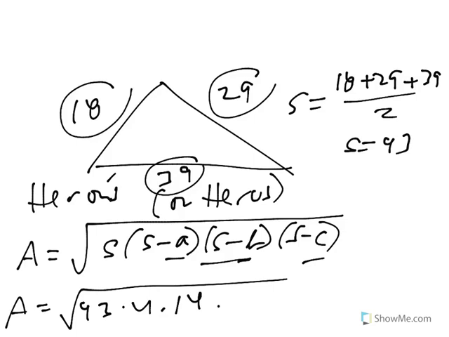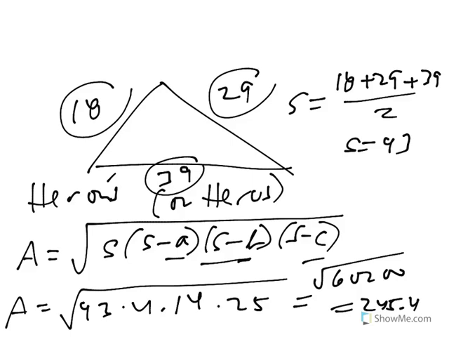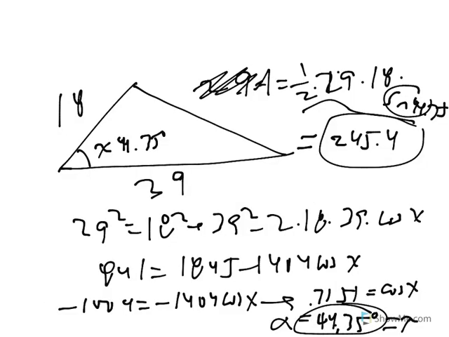And 43 minus 18 is 25. You can multiply that first if you want, 60,200. And the square root of that is 245.4. Same answer as doing all that work.